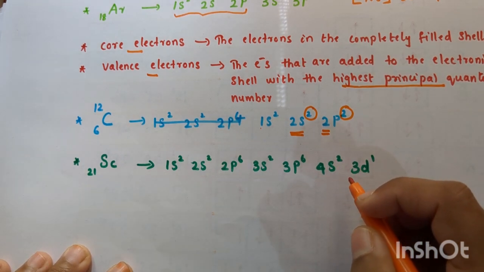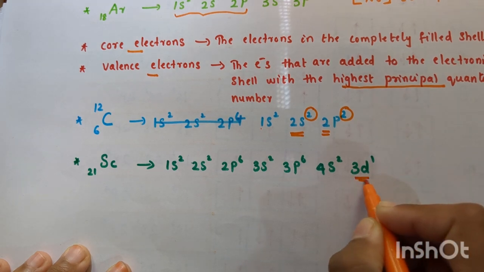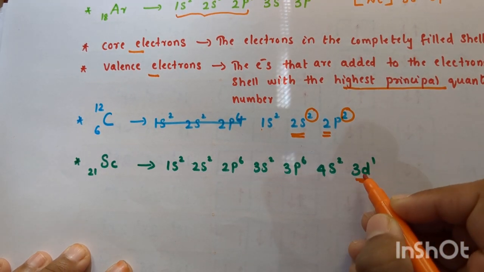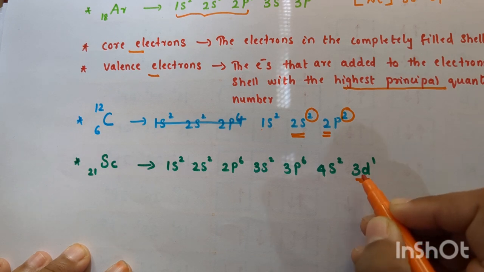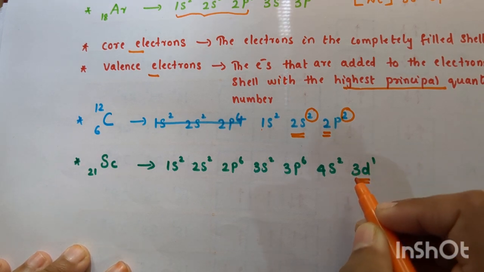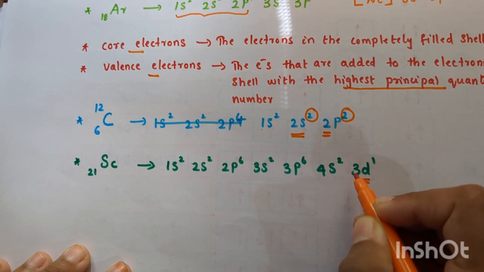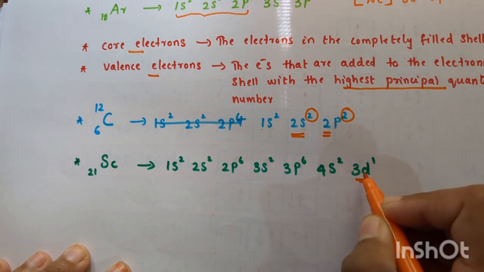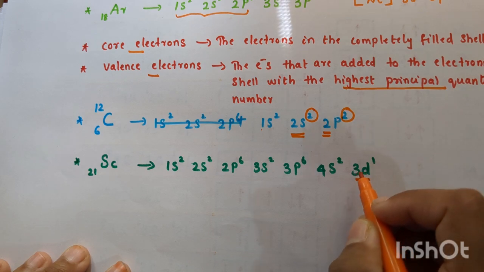After 4s, we might expect 4p, but instead here we have 3d, because the 3d orbital has lower energy than the 4p orbital, so it is filled first.